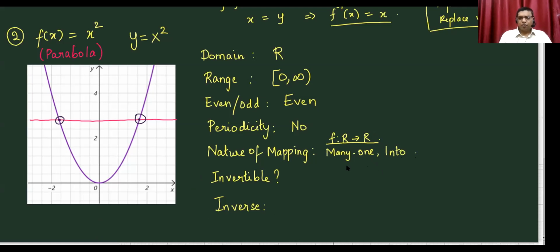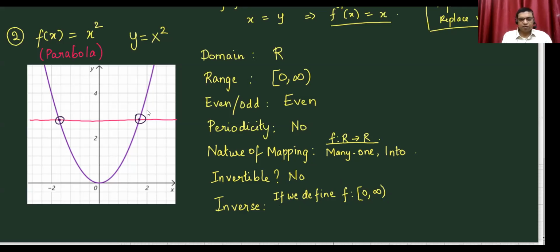Okay, so by itself, this is not an invertible function. However, by restricting, suppose I define f as a mapping from 0 to infinity, that is, this is the domain, only the positive side.